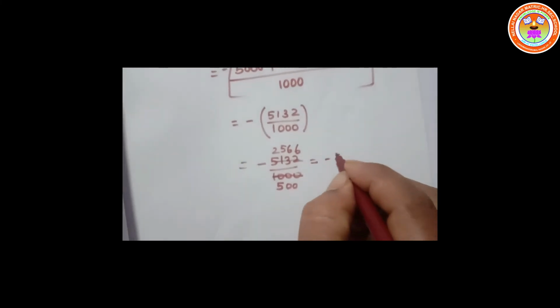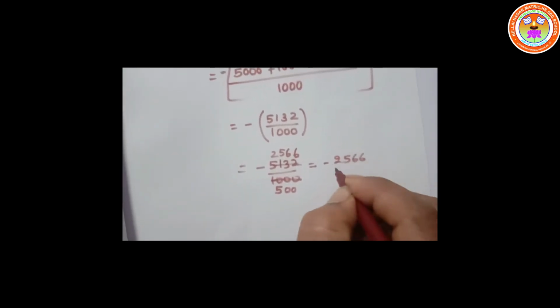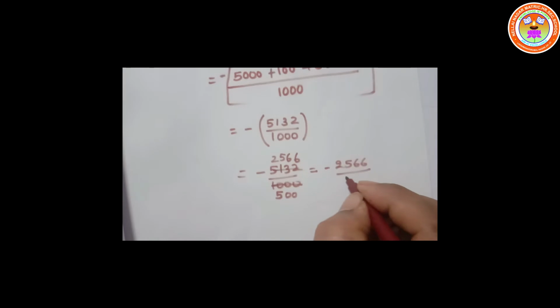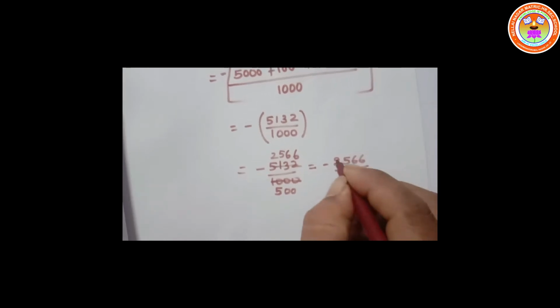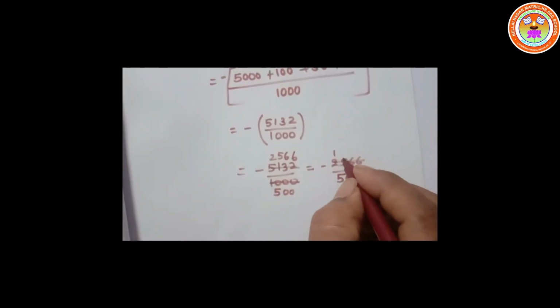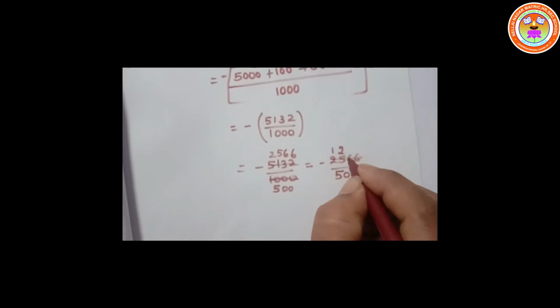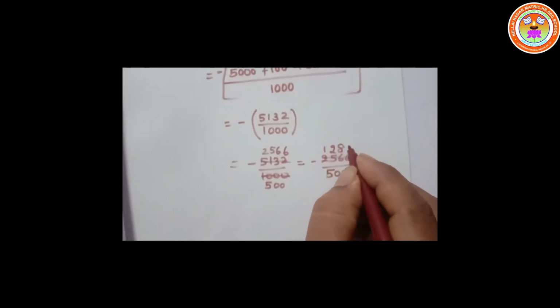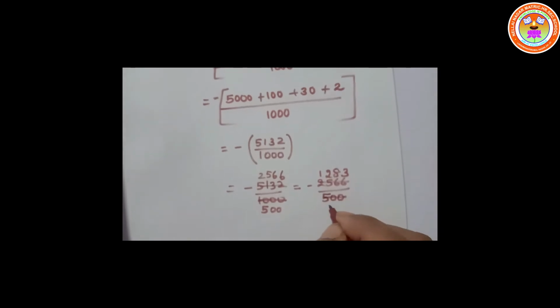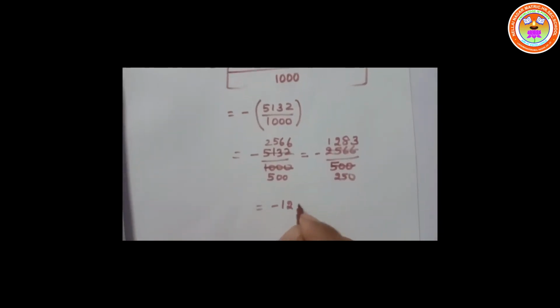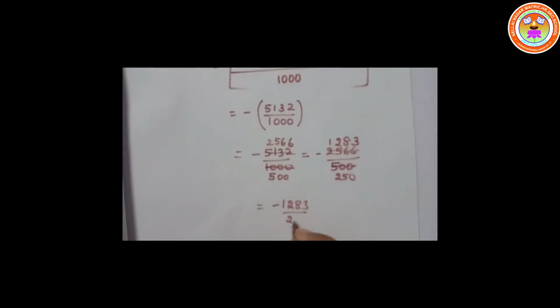Again you can divide by 2. So what do you get? 2 1s are 2, 2 2s are 4, 2 8s are 16, 2 3s are 6, by 250. So you get minus 1283 divided by 250.